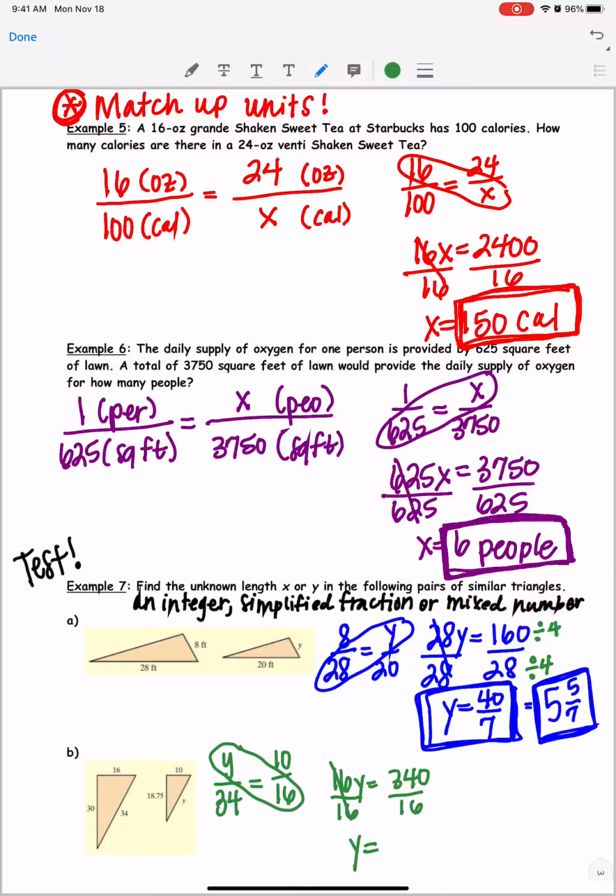But again, I know I can divide both of these by what appears to be 4 again.